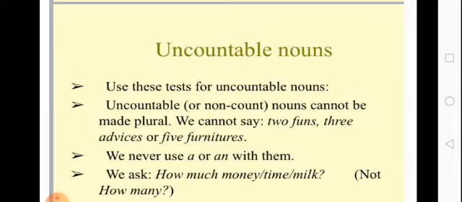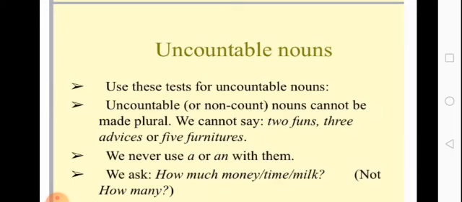Uncountable nouns. A clue for uncountable nouns is this: we cannot make plural of uncountable nouns. Uncountable or non-count nouns cannot be made plural. Keep this in your mind, okay? We cannot make water and waters, rice and rices.